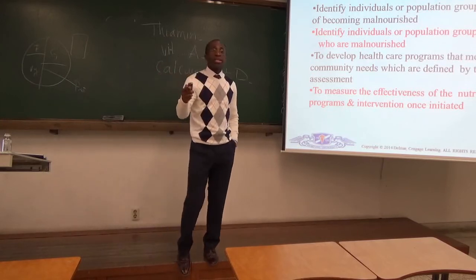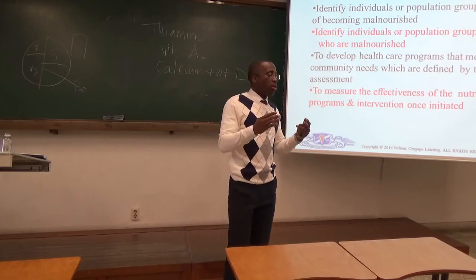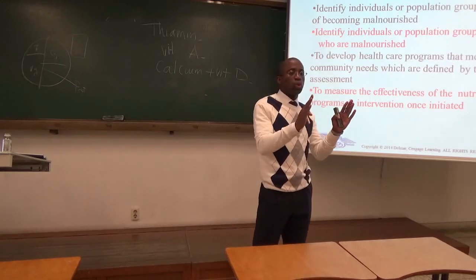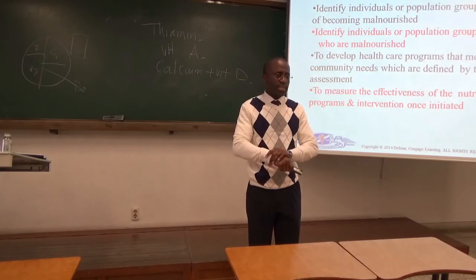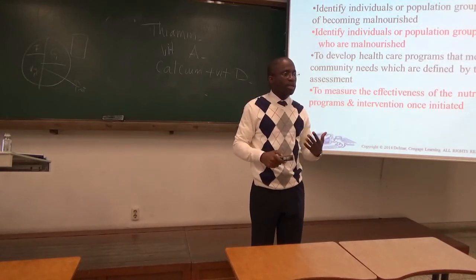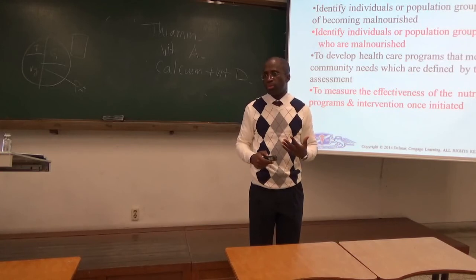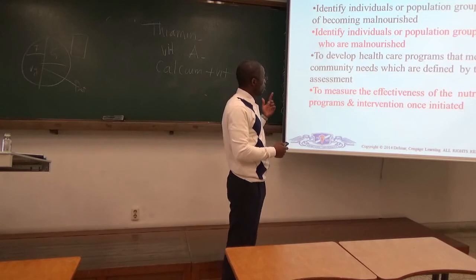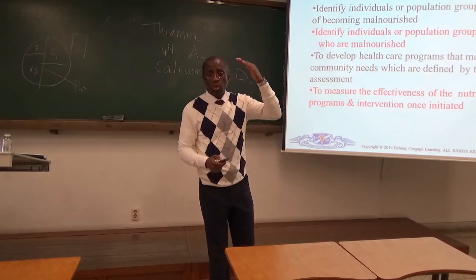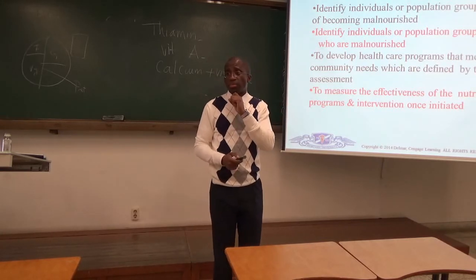Basically, the nutrition assessment means that we want to identify the people who may be at risk of developing a nutrition problem. All right. So let's look at this part quickly, and next week we'll go over it again in detail.